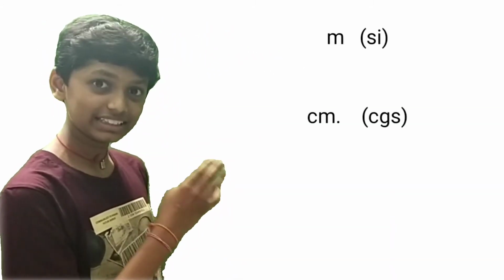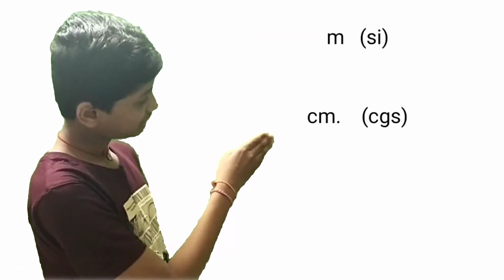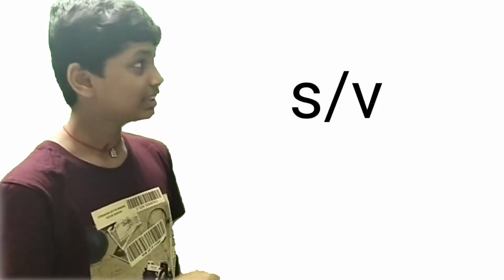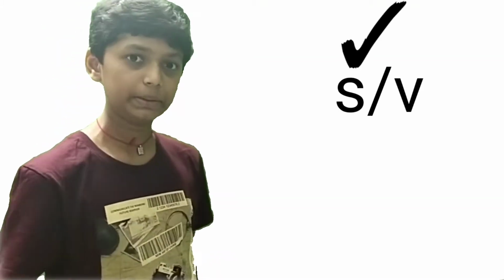Next, the unit of distance. The unit of distance is meter in the SI system, centimeter in the CGS system. Next, is distance a scalar or a vector? Distance is a scalar quantity. What is a scalar quantity?